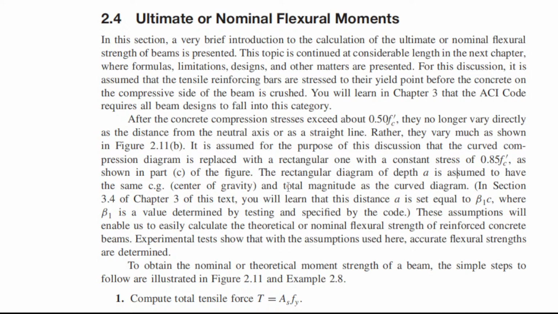I already explained that part. So the rectangular diagram of depth a is assumed to have the same center of gravity and total magnitude as the curved diagram. That is the only condition. The center of gravity of the model must be the same as the center of gravity of the actual.